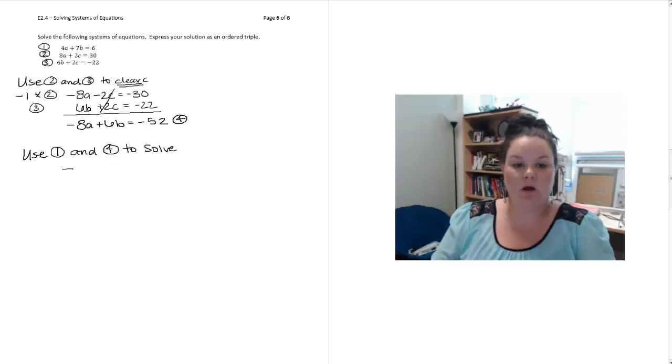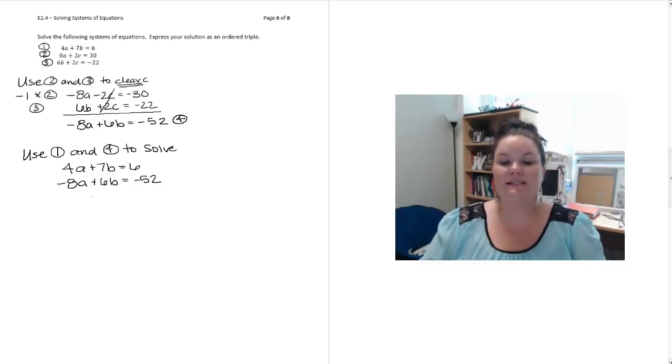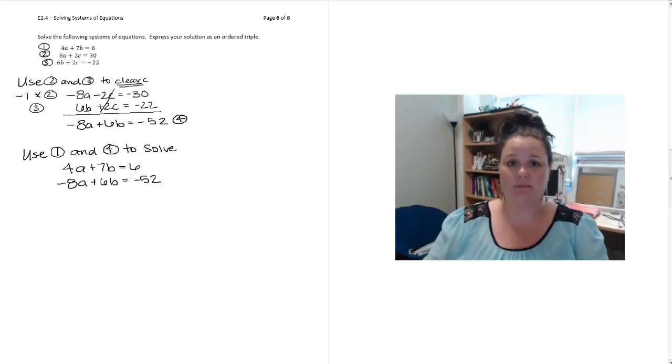So equation number 1 is 4a plus 7b equals 6. That equation number 4 we just came up with is -8a plus 6b equals -52. So I can see to solve, the easier one to solve for would be A's, because one's a multiple of the other one, right? B's, I would have to make some pretty big numbers to get opposites.